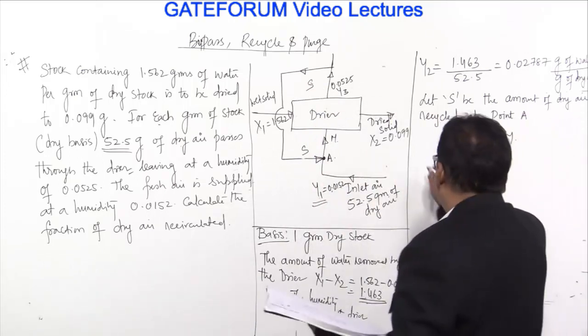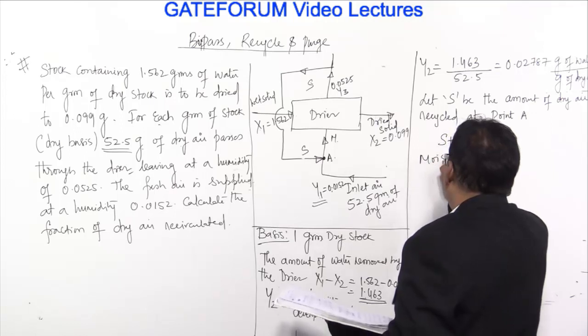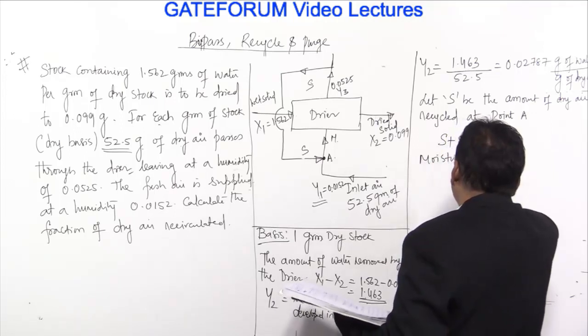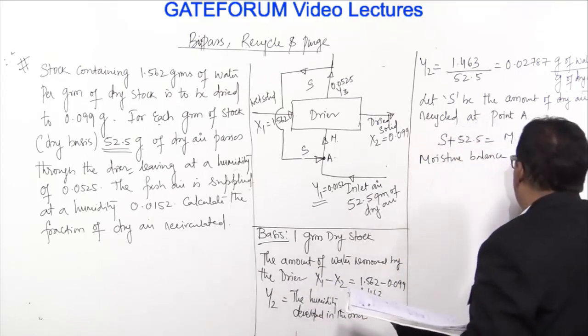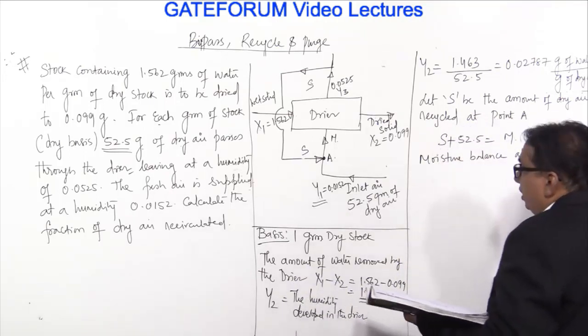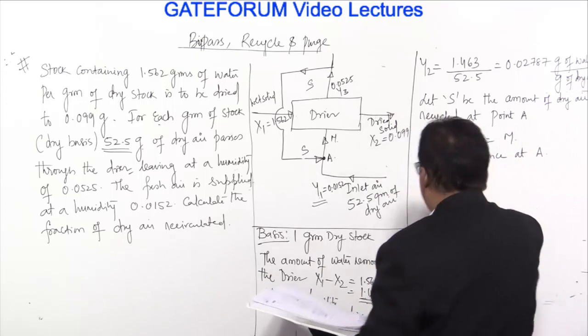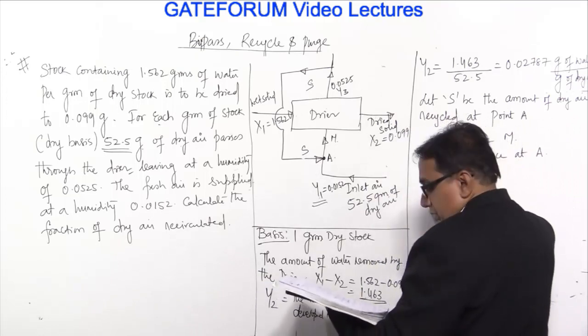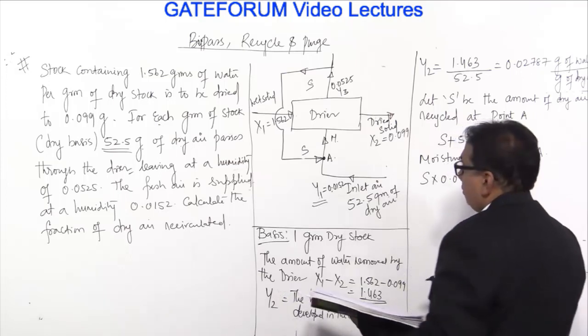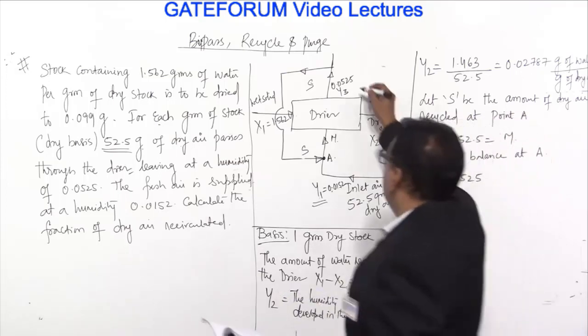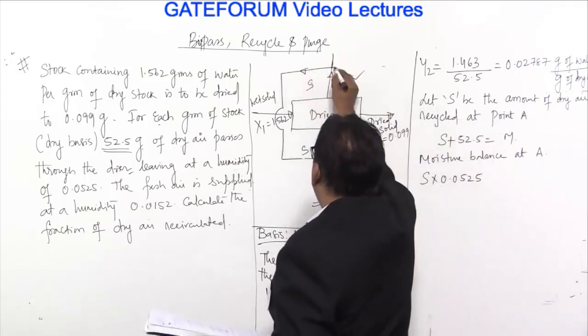So let us do the moisture balance at A. What is the moisture balance at A? S into 0.0525, because this is coming out.